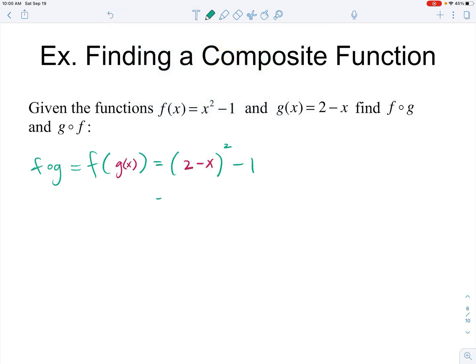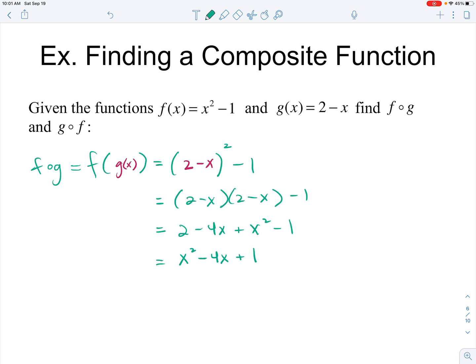This can be simplified by multiplying out 2 minus x times 2 minus x, and then subtracting the 1. So that would be 2 minus 2x minus 2x would be minus 4x plus x squared, and then that minus 1, and then combining like terms, x squared minus 4x plus 1.